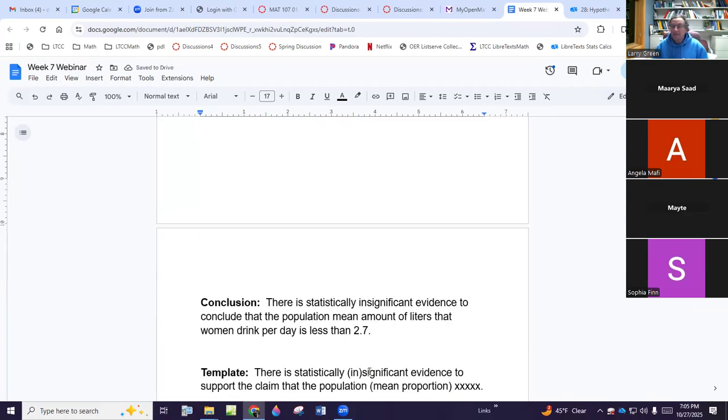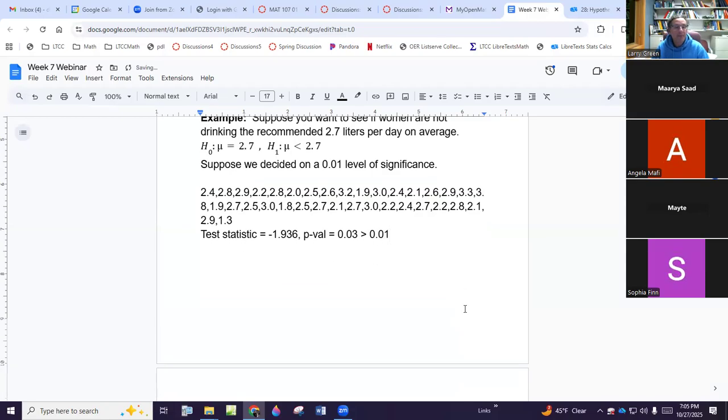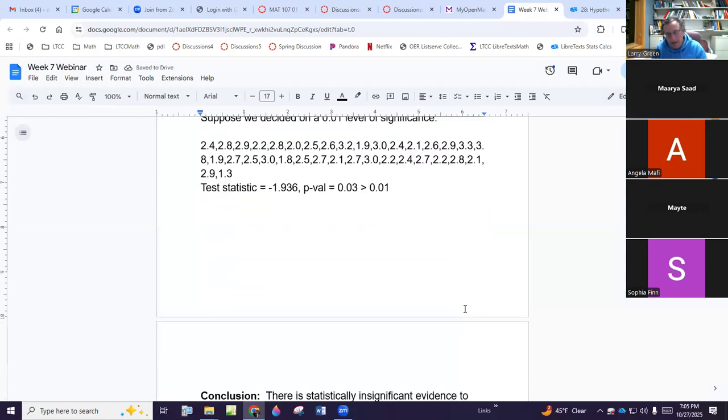Here's the conclusion. Notice the p-value, 0.03, is greater than the level of significance, 0.01. And if the p-value is greater than the level of significance, that means it's not that unlikely. So we're not going to be able to say, hey, H1 was true. You can't say that. You can't say H0 is true either.